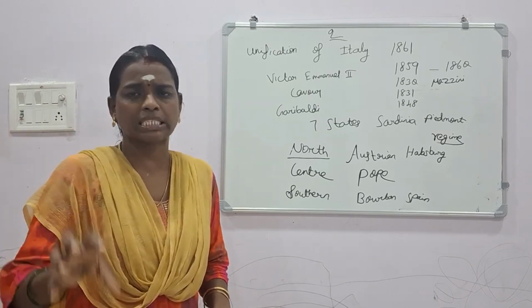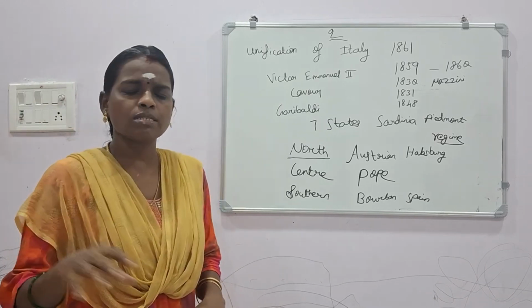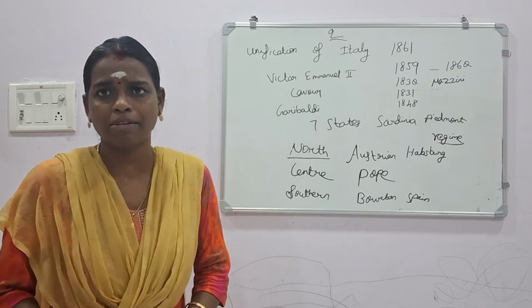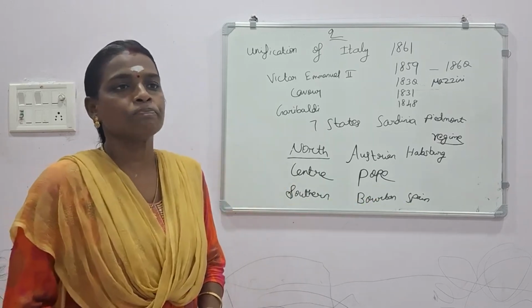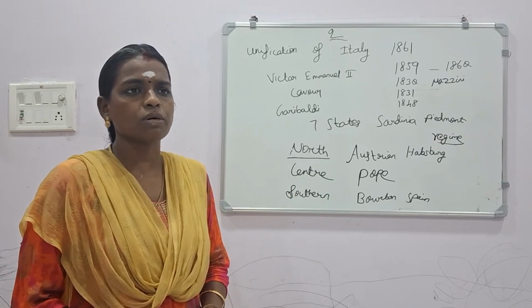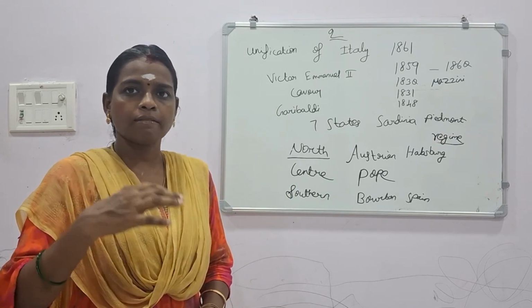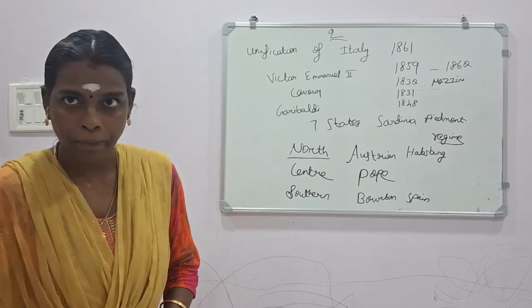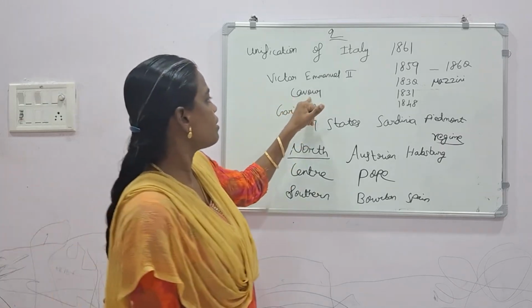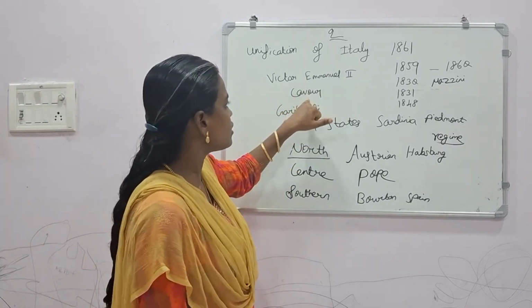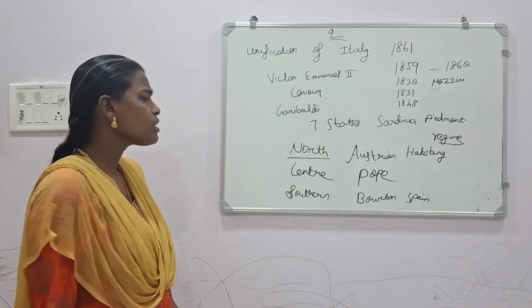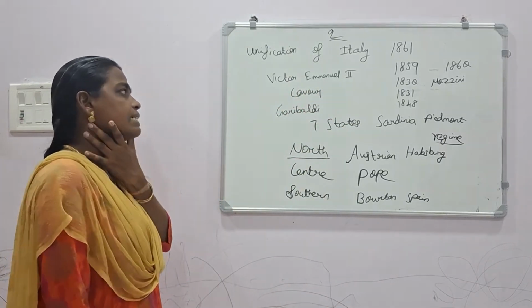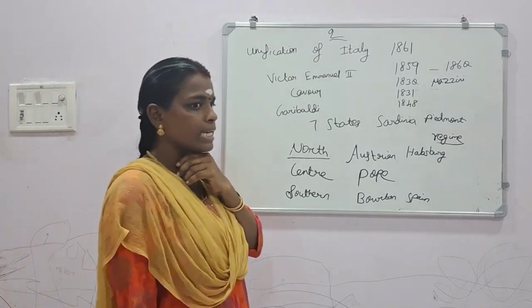In other ways, we can say he was chief minister of the committee led by Victor Emmanuel II, a committee assisted by Cavour. So Cavour was the chief minister who assisted the plan of Victor Emmanuel II. And next thing will be in 1859.